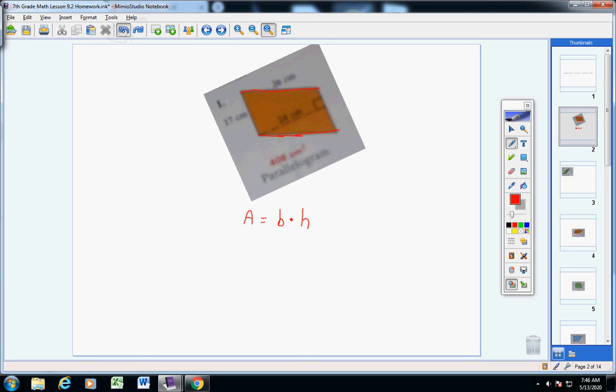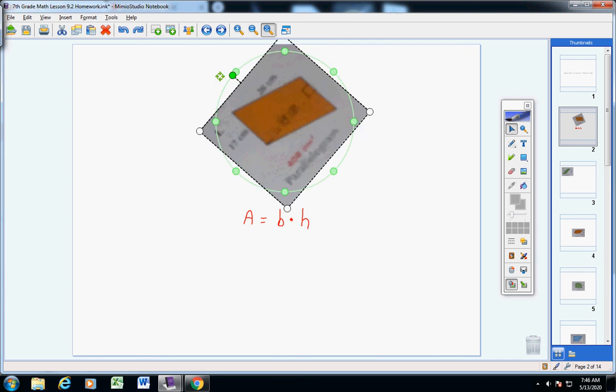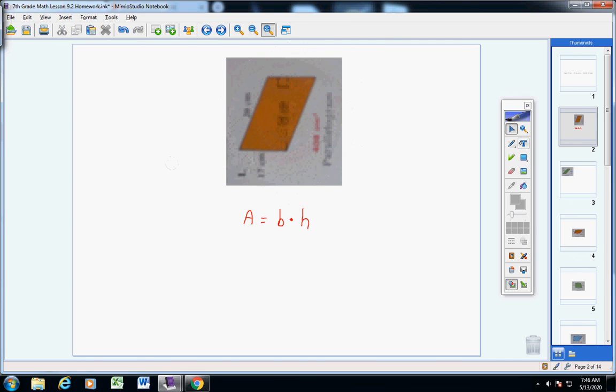But guys, that's the height. Now listen carefully and watch this, please. That's the height when this is your base. Look, here's your base, and then here's your height drawn perpendicular. Okay, guys, whatever you decide to call your base, you have to have the height drawn from that base.